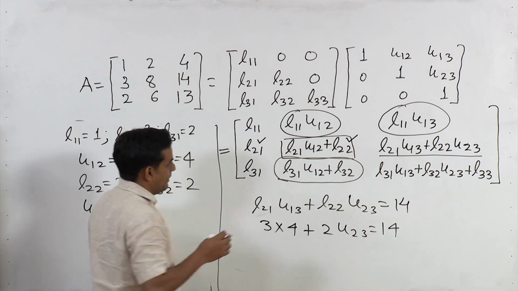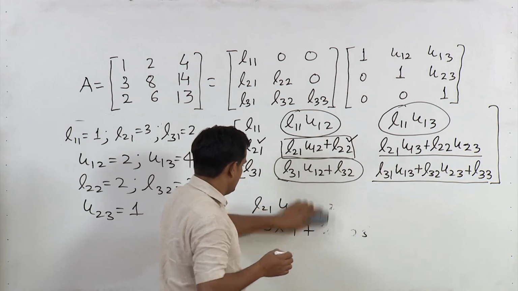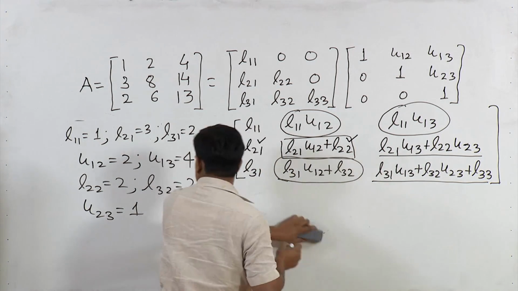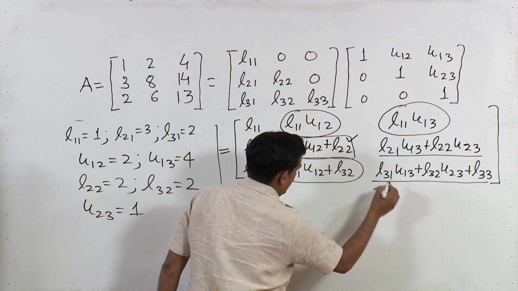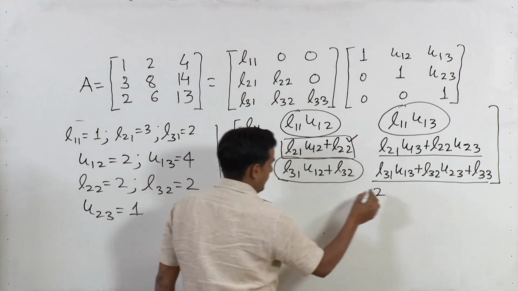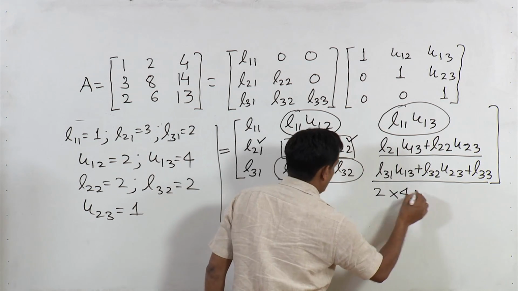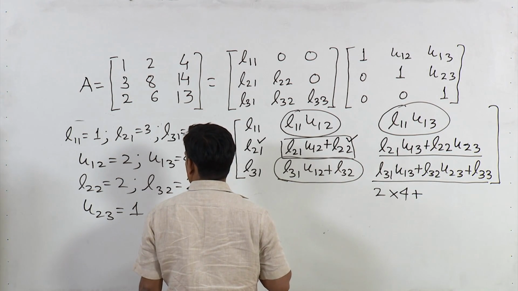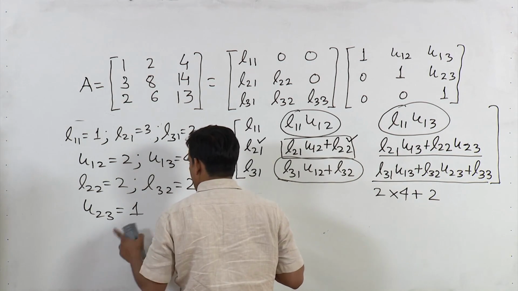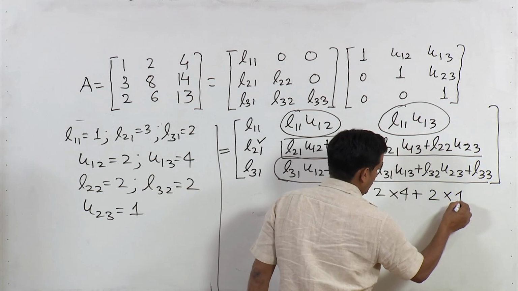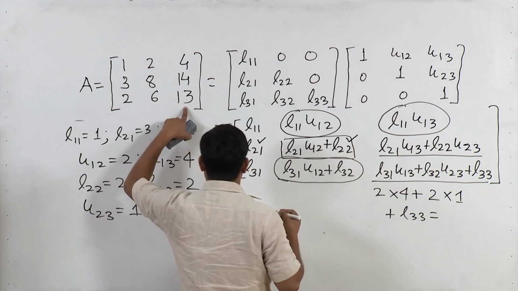And finally, I will compare this element. So, this element is L31. So, L31 is already known to us, it is 2 into U13, which is 4 plus L32 is 2 into U23, which is 1 plus L33 equals to 13.